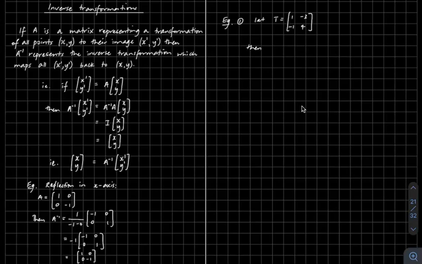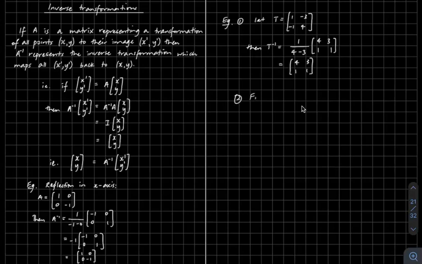Then T inverse would be 1 over, 1 times 4 is 4, minus 3. Swap those ones around, take the negative of these ones. And 1 over 4 minus 3 is just 1 over 1. So 4, 3, 1, 1. So those two matrices, T and T inverse, will produce the inverse transformations of each other, or the second matrix will bring all the points back to their original places.